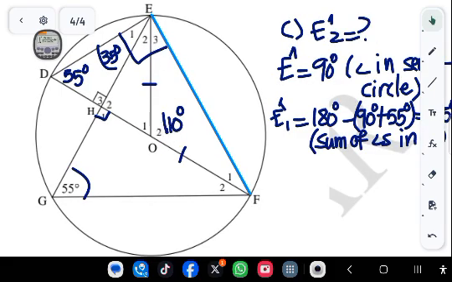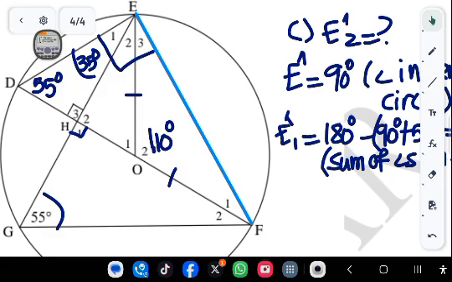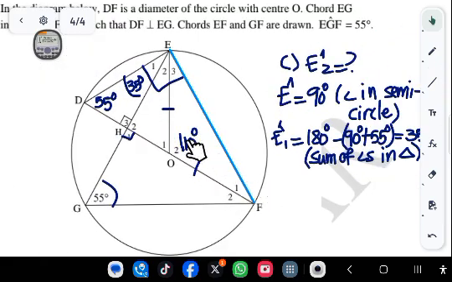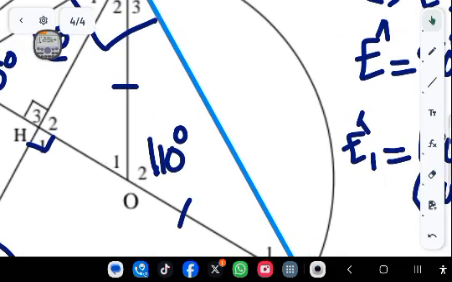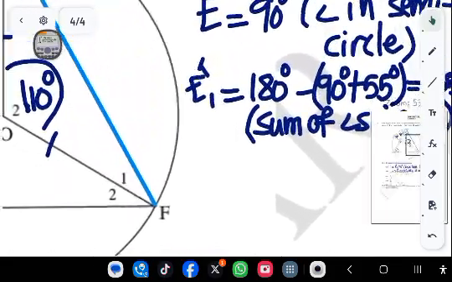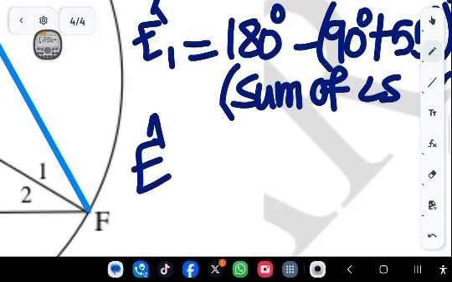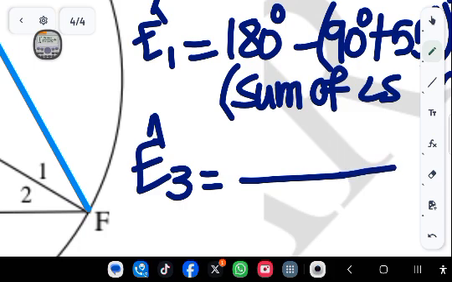And then this one, angle E3, is a base angle of this isosceles triangle EOF. We already have 110 degrees, so angle E3 will be equal to half of whatever we have there.